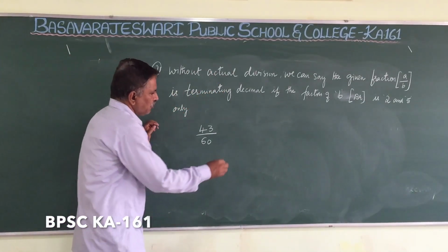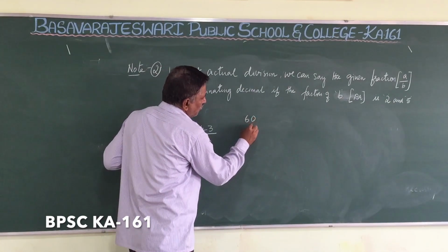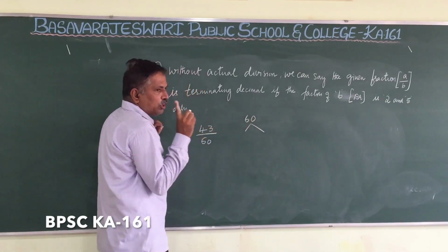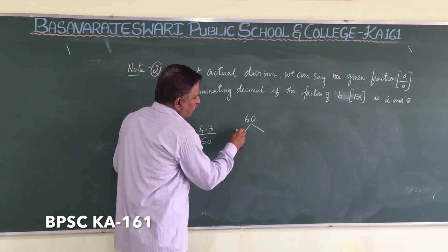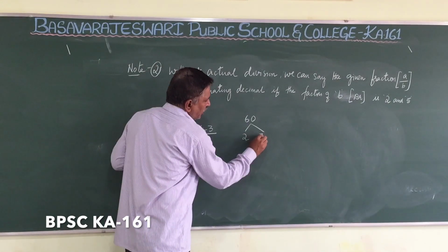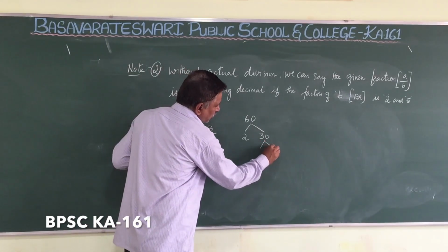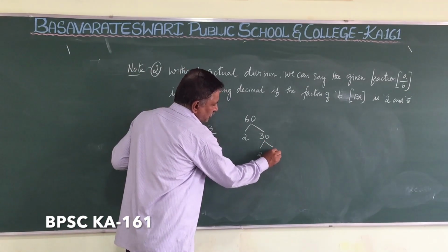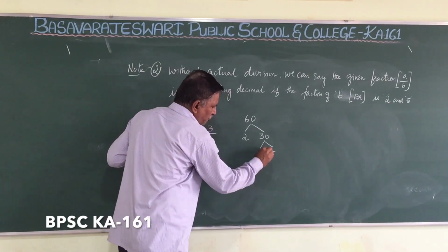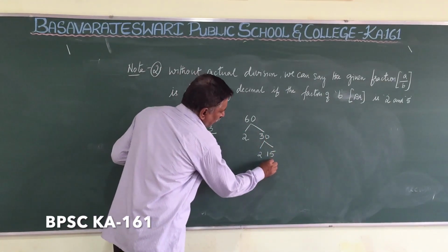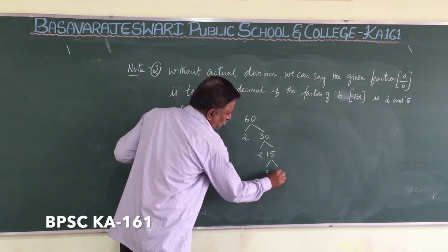So 60 is given. What are the factors of 60? You have to find all the prime numbers. 60 can be written as 2 into 30. 30 can be written as 2 into 15. 15 can be written as 3 into 5.